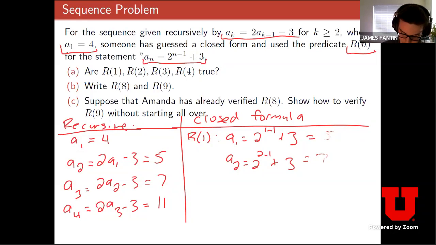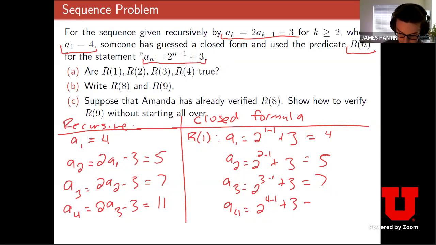Or excuse me, that's 4, because 2 to the 0 is 1, so 1 plus 3 is 4. 2 to the 1 plus 3 is 5. a3 equals 2 to the 3 minus 1 plus 3, 4 plus 3, 7. And a4 is equal to 2 to the 4 minus 1 plus 3, and that's 11.